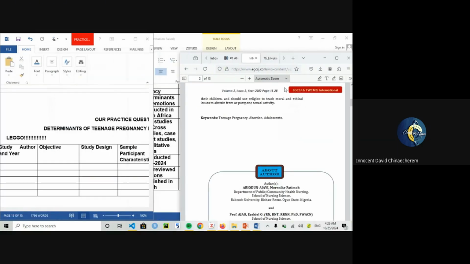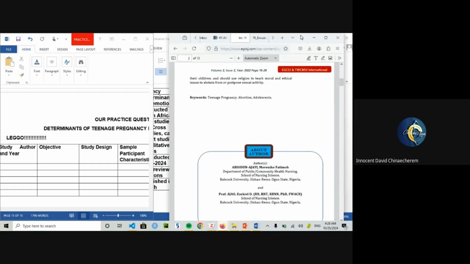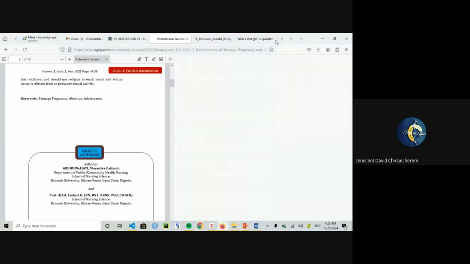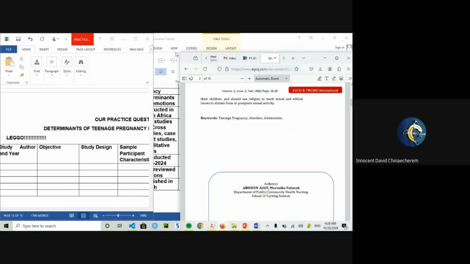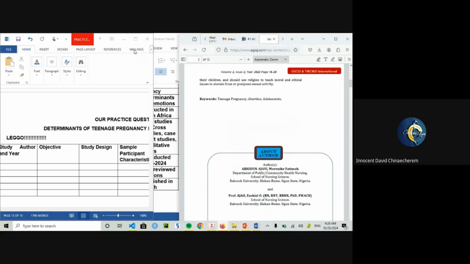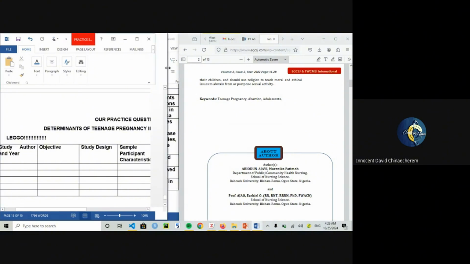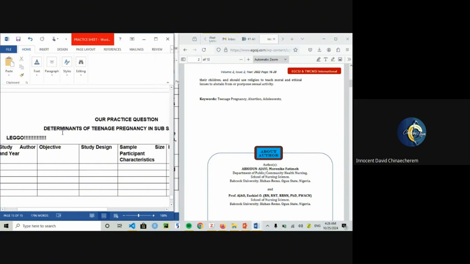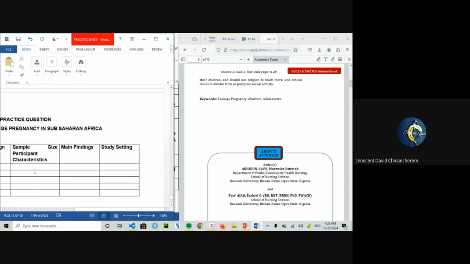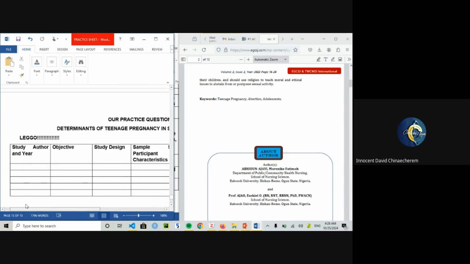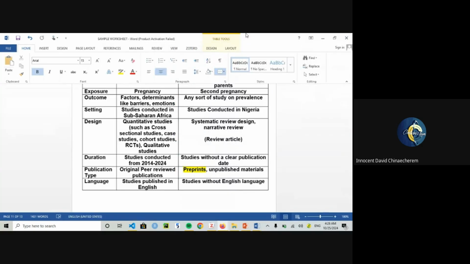Okay, so I'm going to split my screen so that we can see that clearly, and watch while I extract all the relevant information. All right. So now looking at this question here, I'm just going to pick out the first article.